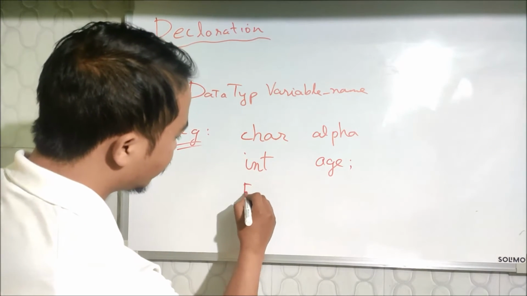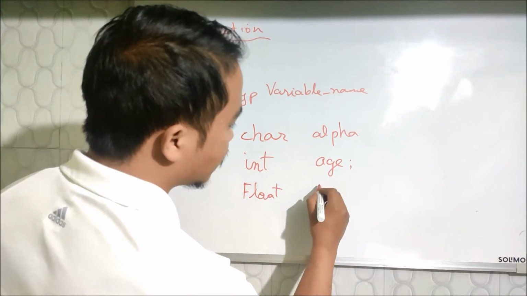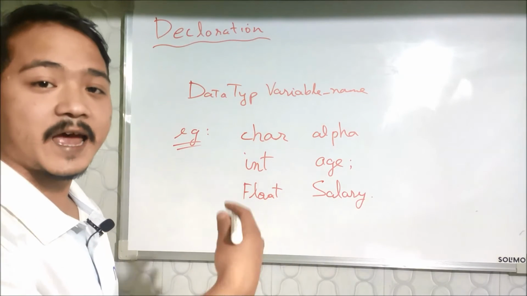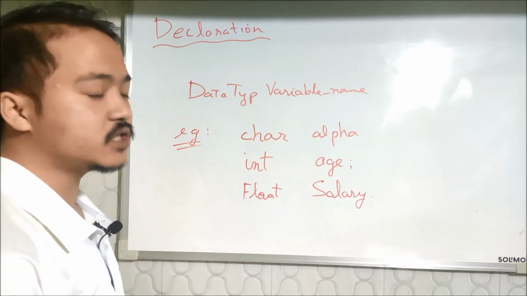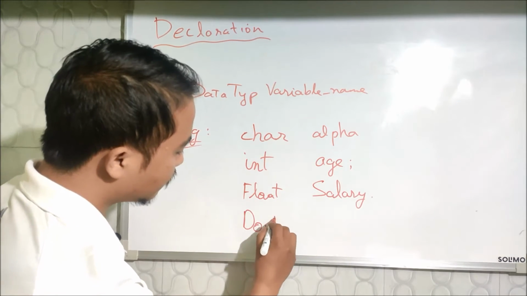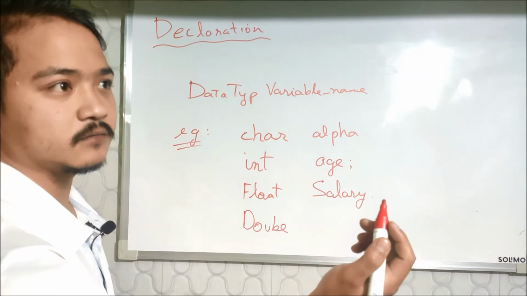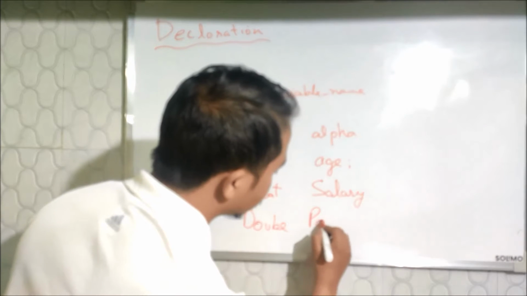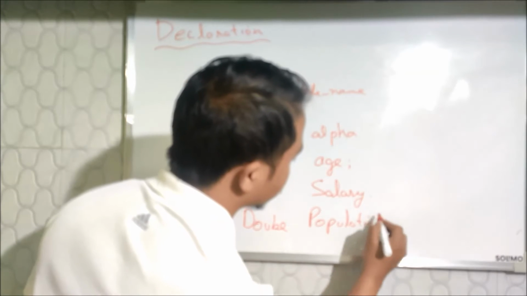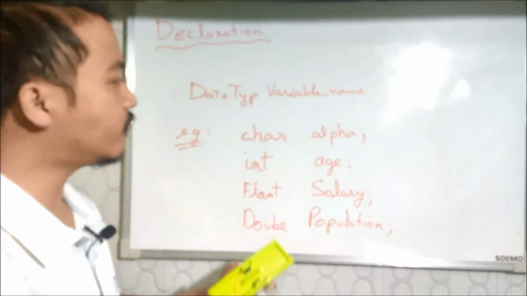Again, if you say float, let's say salary, because salary might have a decimal point, and in integer you don't have decimals. Let's say double, let's say population.